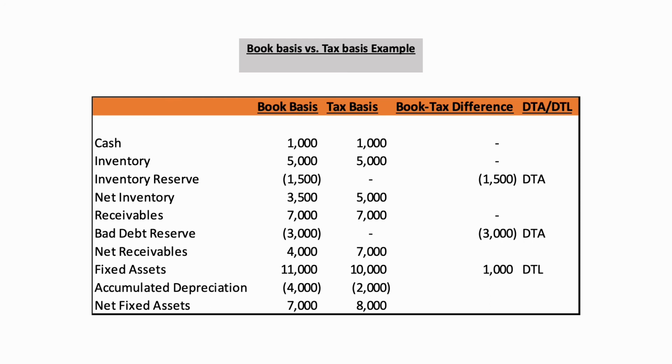And then you arrive at your net fixed asset, which is 7,000 for book and 8,000 for tax, and your temporary differences keep rolling on until both the book and tax report zero assets, which are net of full depreciation being recorded for both book and tax.